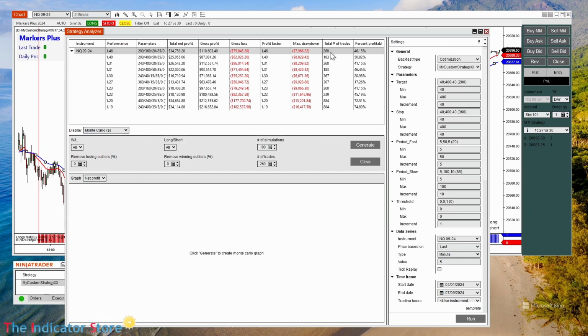Okay. Now let me go back to the way to measure the robustness of a system. We have the Monte Carlo report, and the Monte Carlo report executes all the trades of a system 100 times. The same setup 100 times. But the results are not the same, because we know in real time the same system never has the same results on one chart or even on another chart beside the other, because the fills are not the same, you don't have the same delays.